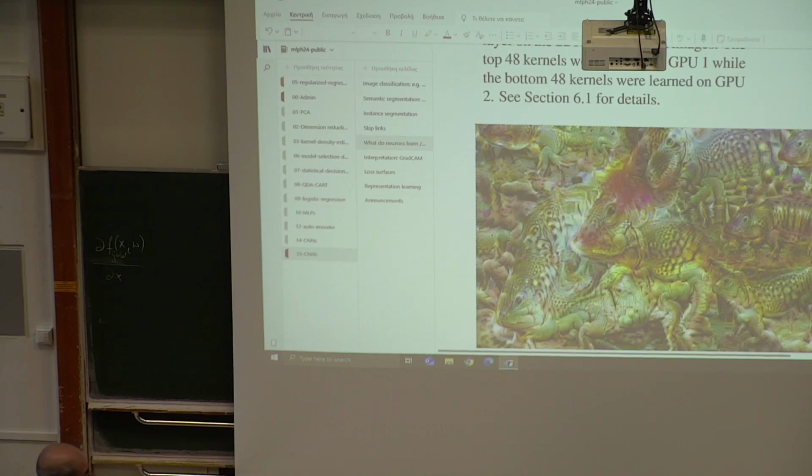For example, if you train a neural network on all kinds of images, you find neurons that react strongly to wheels or to circles. And then you find neurons that react strongly to faces and to airplanes and such.